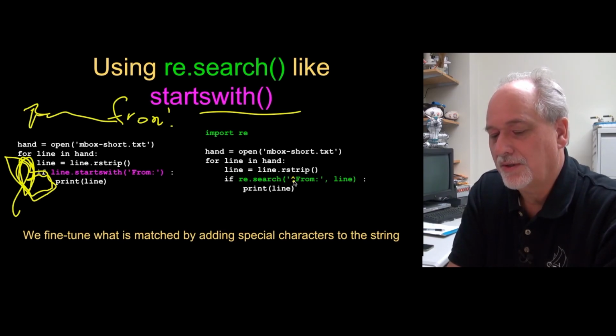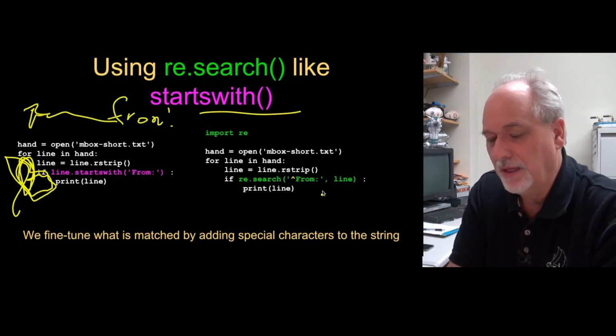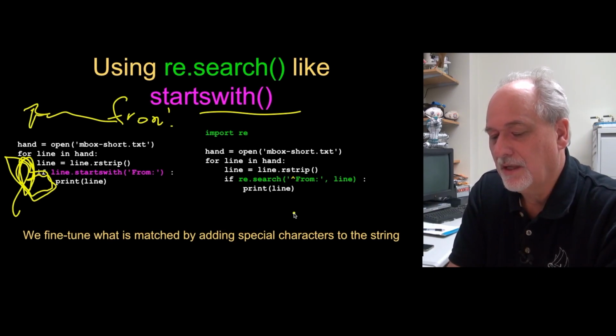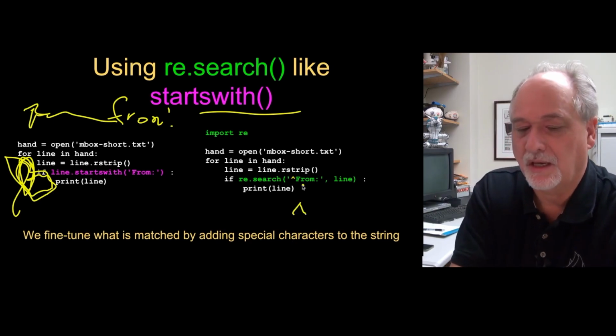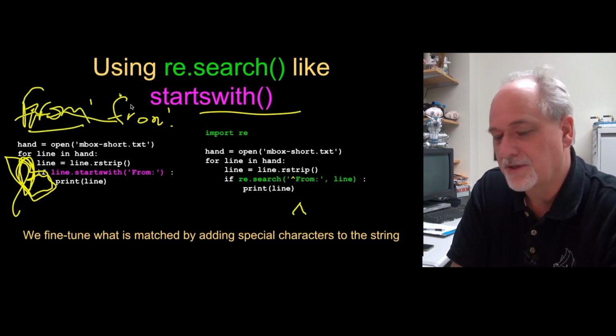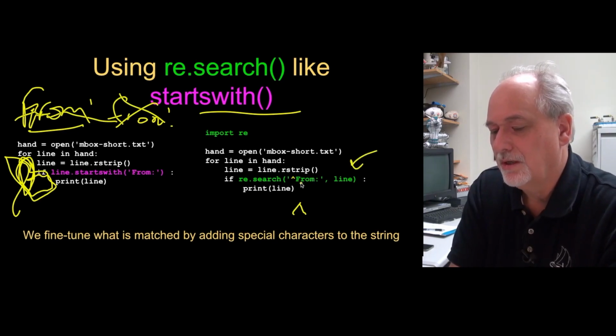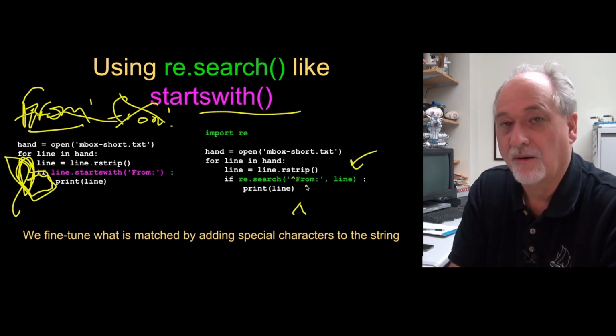What's happening here is the caret, if you go back to the little cheat sheet, means this is the beginning of line. It's a virtual character that matches the beginning of the line. From at the beginning does match, and from in the middle does not match, by putting that little caret there. Line is what we're searching, and caret from is what we're looking for.